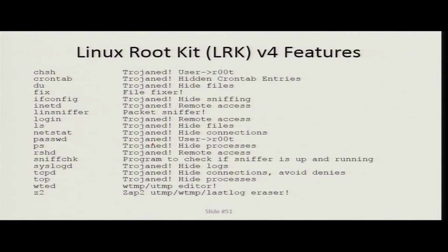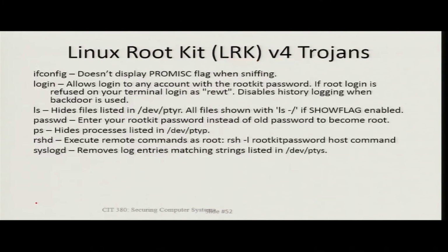So the Linux rootkit LRK v4 has all these programs that are commonly used by users in Linux replaced with the Trojan version. They also, ifconfig, for example, doesn't show promiscuous mode for the network listening, and therefore it would actually be capturing all communication rather than just the ones that are destined for that particular MAC address.